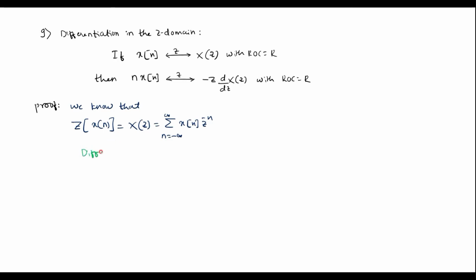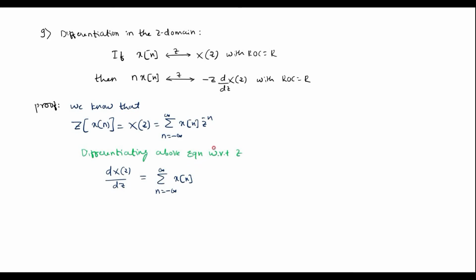Now differentiating the above equation with respect to z, we get differentiation of x of z with respect to z is equal to the summation kept as it is, n equal to minus infinity to infinity, x of n kept as it is.